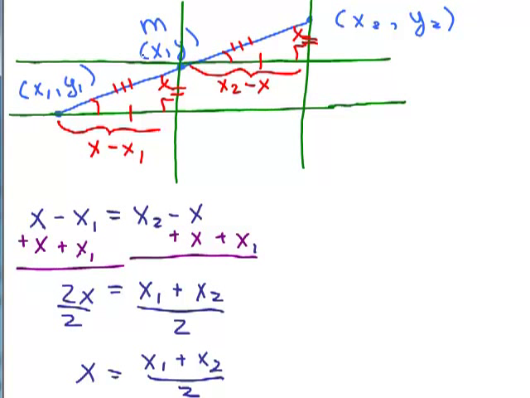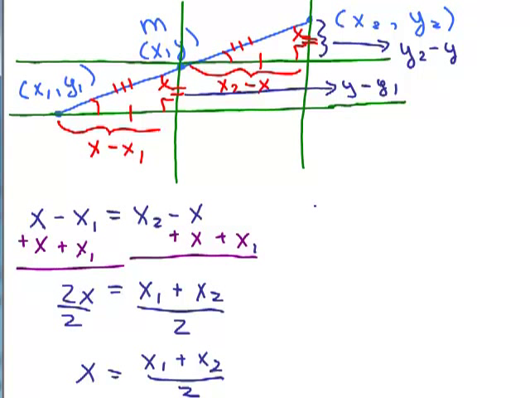All right? Now we do the same thing for y. Okay? So this little piece here is the difference in the y values, so that's y2 minus y, right? And this little piece right here is the difference of these y values, y minus y1. So by the same token, I could say those are equal to each other.